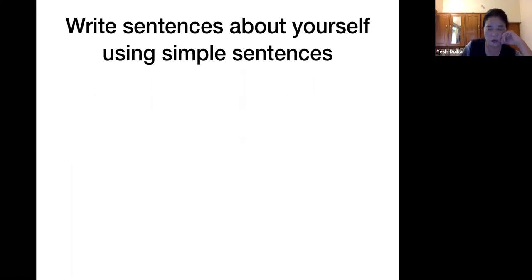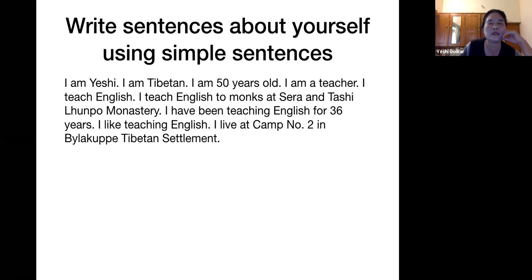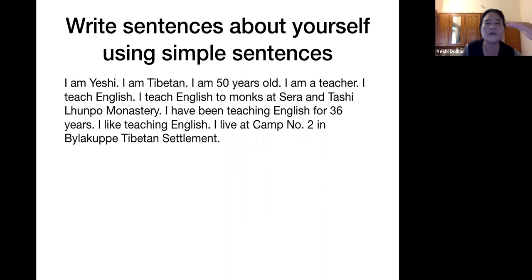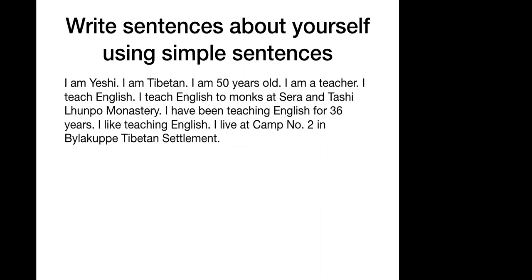Okay, now we are going to write some simple sentences about yourself. Here's an example. I use simple sentences to write about myself. I am Yeshi. I'm Tibetan. I'm 50 years old. I'm a teacher. I teach English.